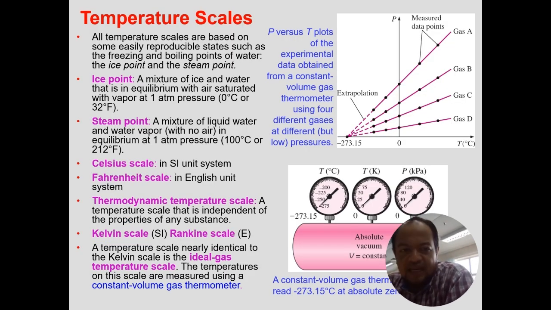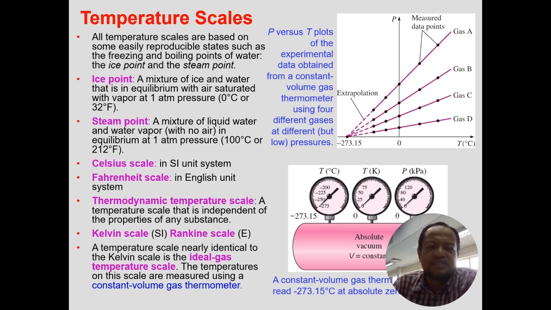The temperature scale. All temperature scales are based on some easily reproducible states, such as the freezing and boiling points of water. We take the ice point and the steam point.